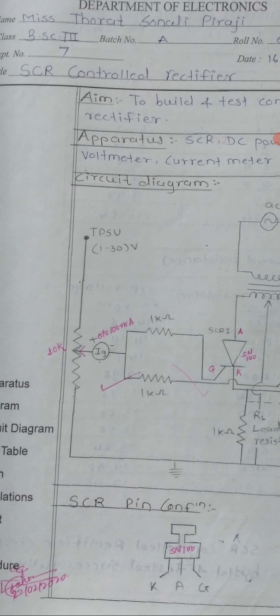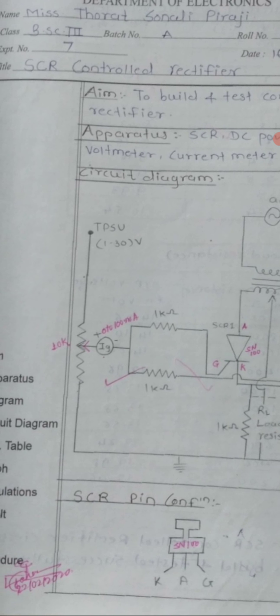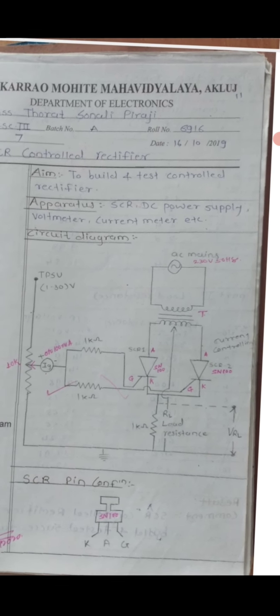This 10K pot's negative is connected to ground and positive is connected to the TPSU. Here 1 to 30 volts is used from the TPSU, that is the power supply, to apply voltage to our circuit.